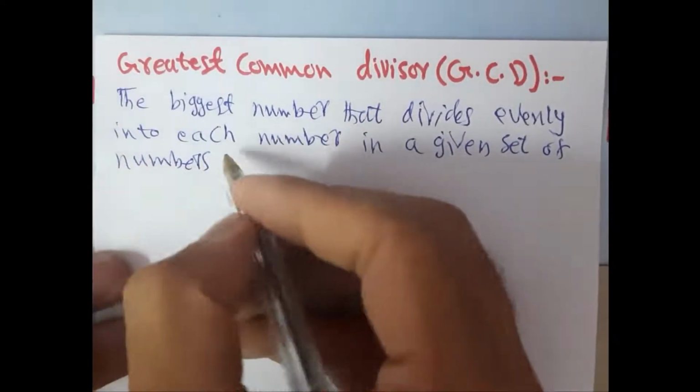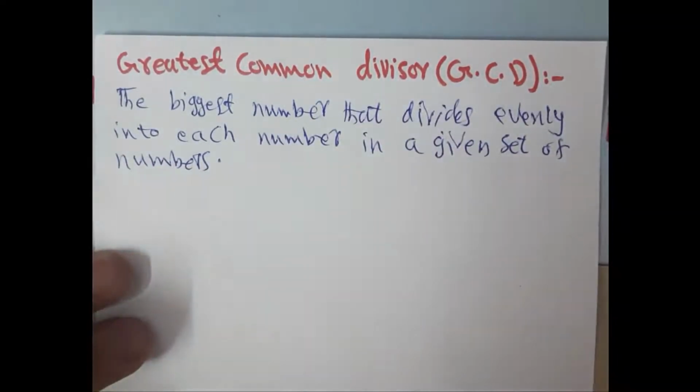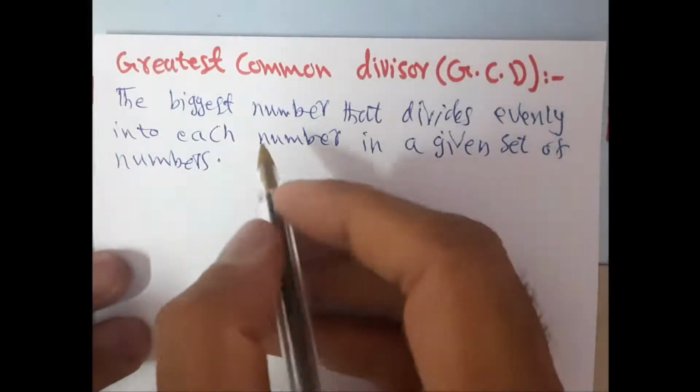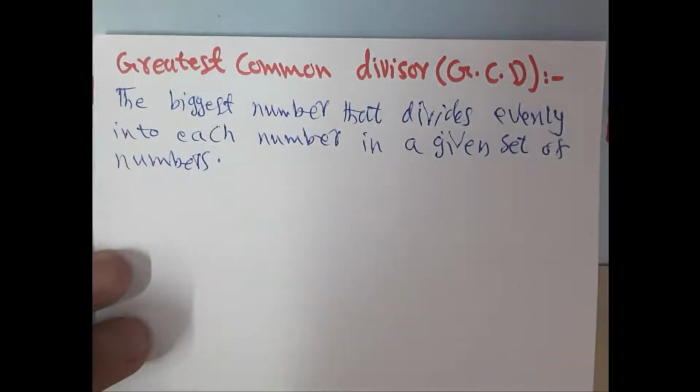It is the definition of greatest common divisor. It is the biggest or largest number by which all the given numbers can be divided, or are divisible. It is the definition of greatest common divisor.